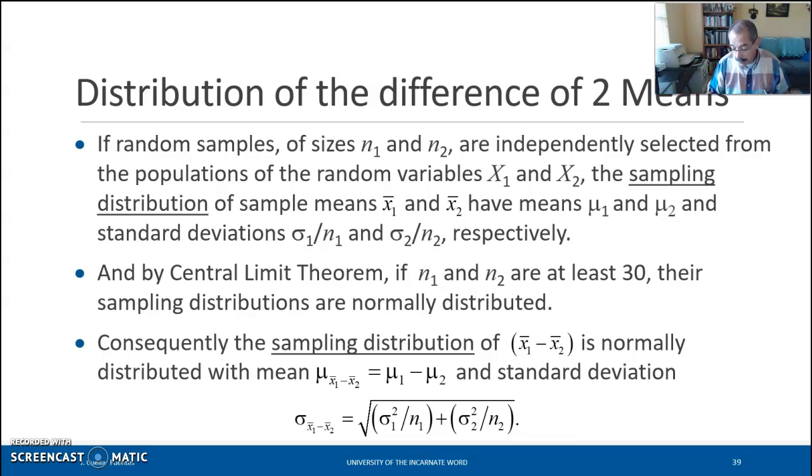And by the central limit theorem, if we're sampling from normal populations, the sampling distributions will be normal. Or if we have a sample size of at least 30, then the sampling distributions are normally distributed.